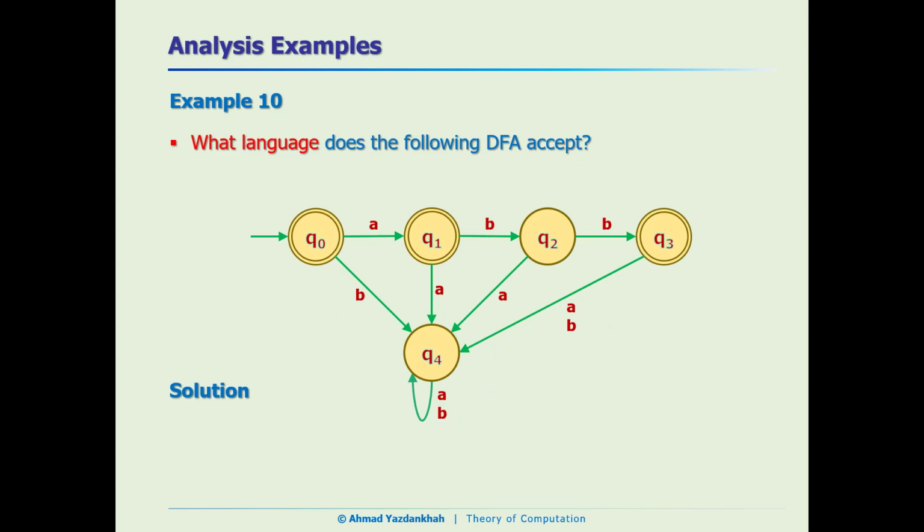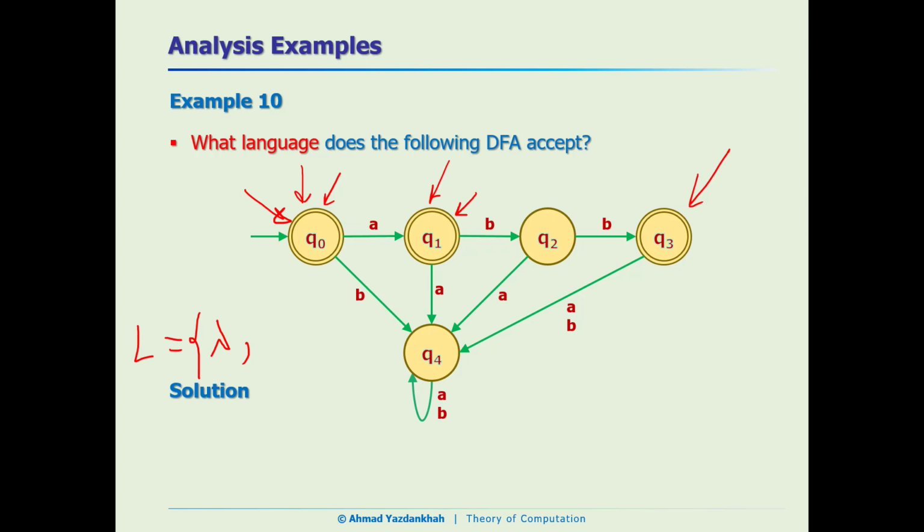How about this one? Oh, this one is the same machine. We just change this state and this state to be final states. So if the machine stops here, the string will be accepted. If the machine stops here, the string will be accepted. And this one, we already know. All right. Okay, so let's put all of them together. Which string will stop here?